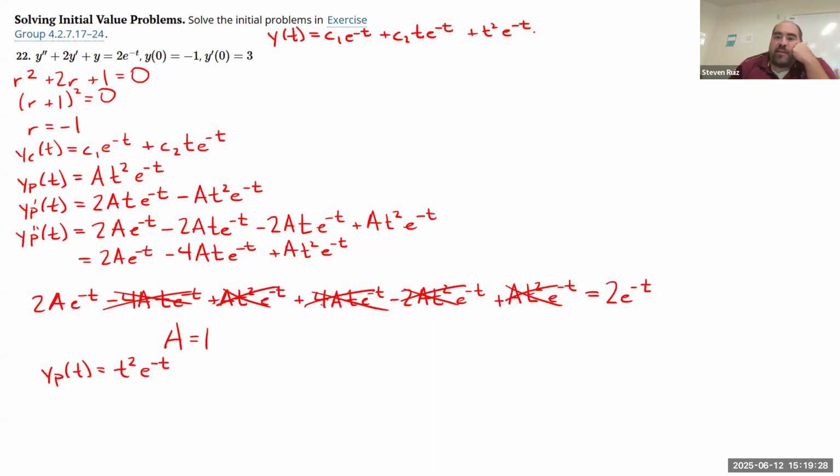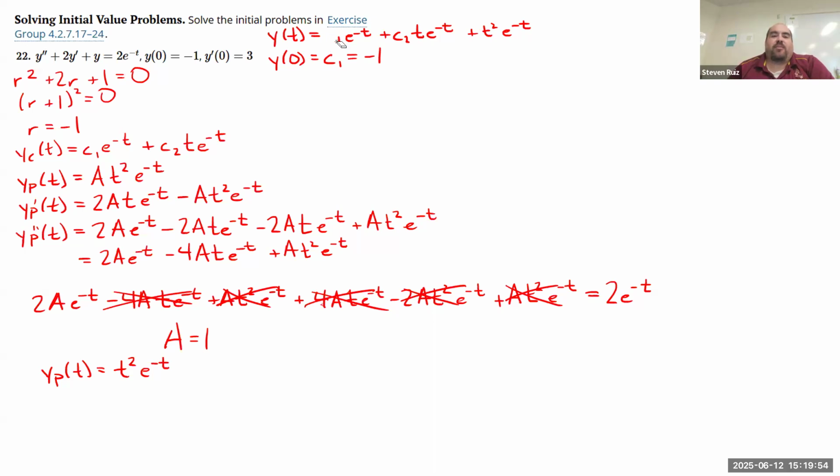And now we need some derivatives. Let's just plug in 0 first, see what happens. I think we're going to get c1 for free. So y of 0 equals c1 times 1 plus c2 times 0 plus 0. So c1 equals negative 1.